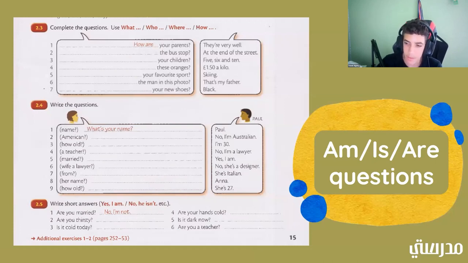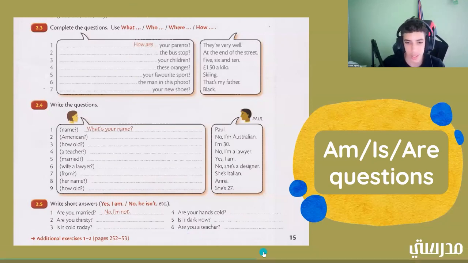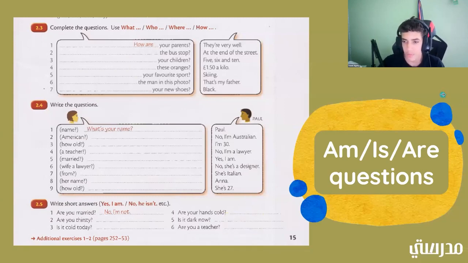Yes, it is. All right. No, it isn't. Okay. Yes. All right. Are you a teacher? I'm assuming most of you won't be, but let's just answer this one just to finish. No, I'm not. Okay. All right.